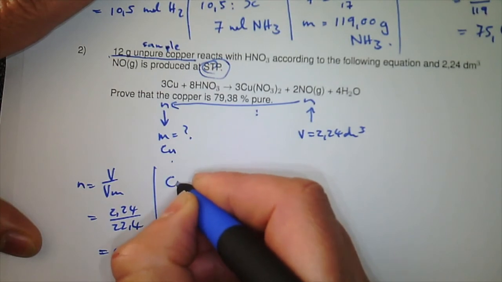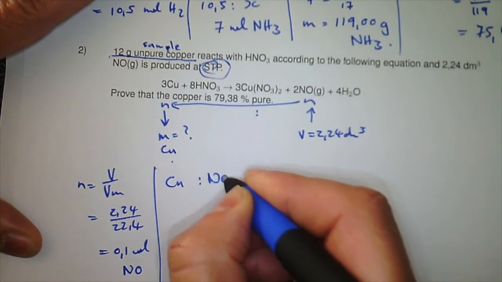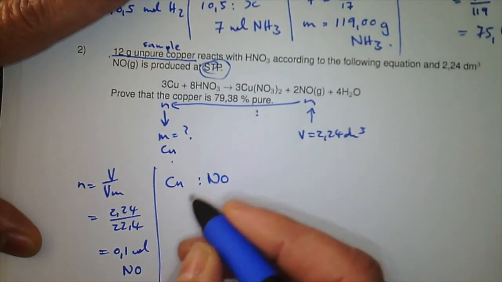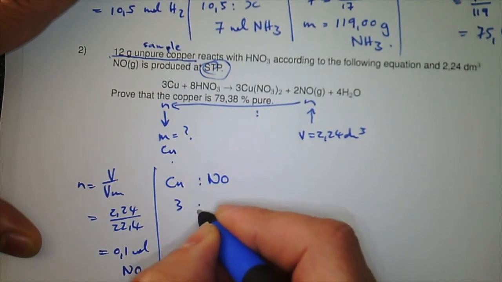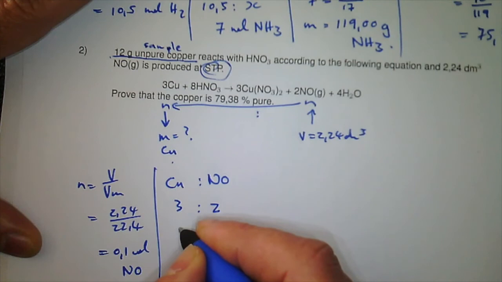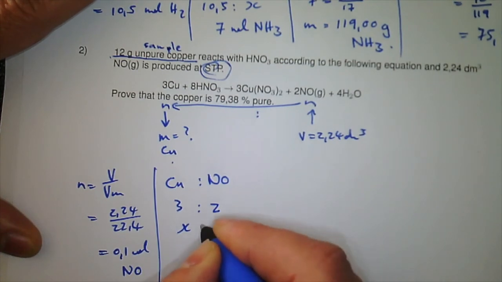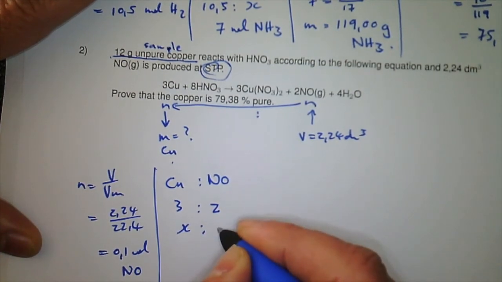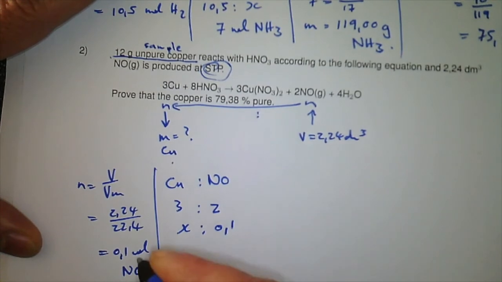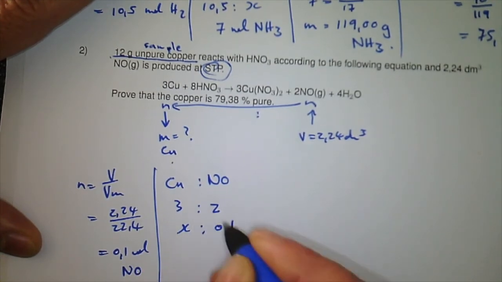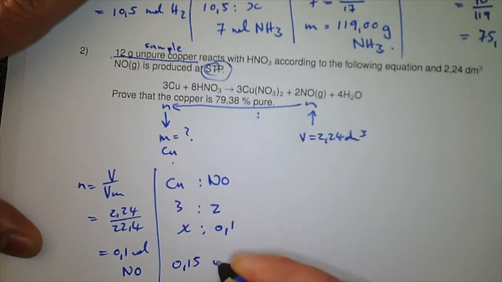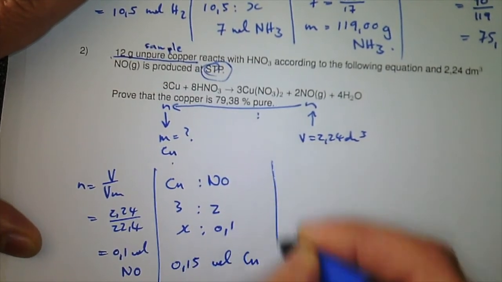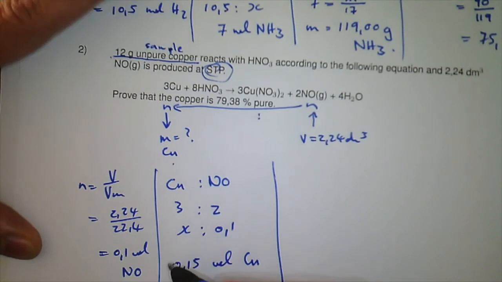So I'm working from copper to NO, and that will be 3 to 2. And then I'm looking for the copper, and I've got the NO, and that is now 0,1. With cross multiplication, I end up with 0,15 moles of copper. So I've moved to the copper.